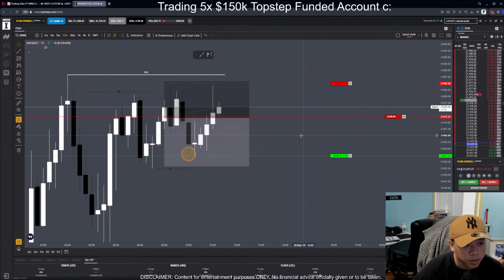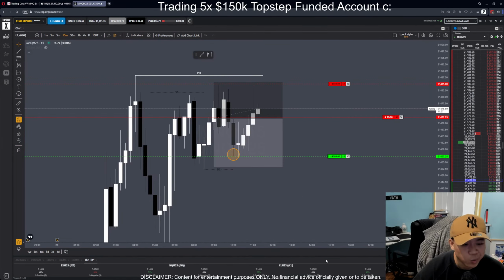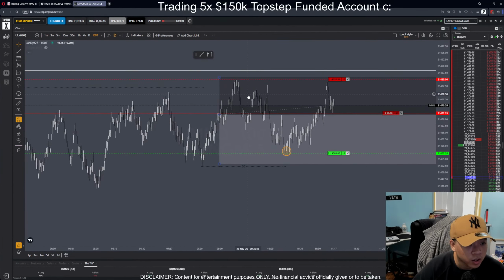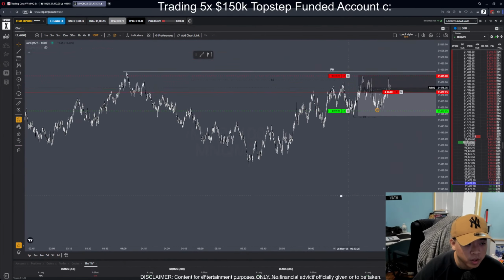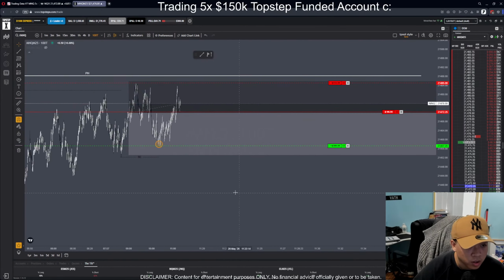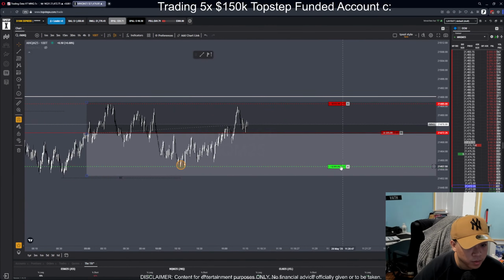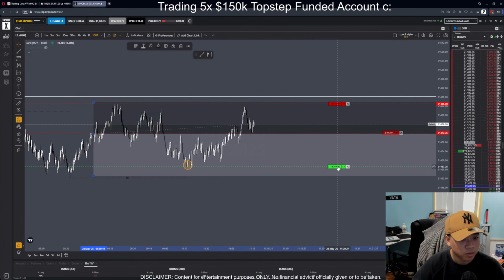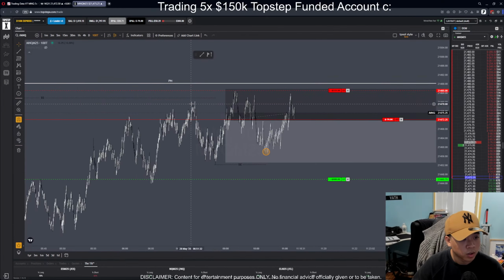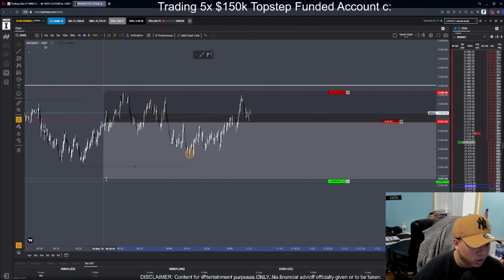Comes back here, might look at moving break even. Price is sort of ranging around this area actually, bang bang, but bullish. There's a 2 risk reward here.